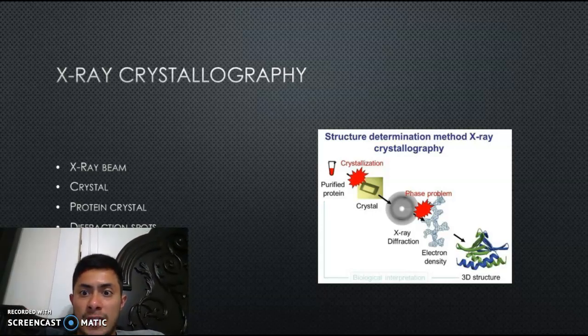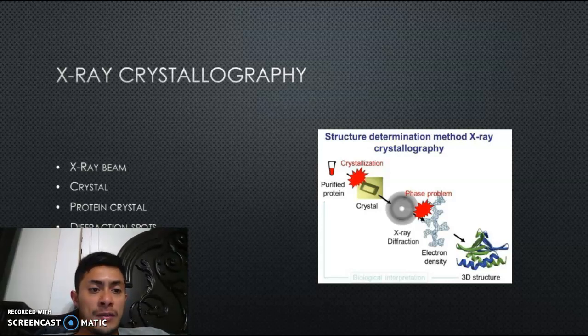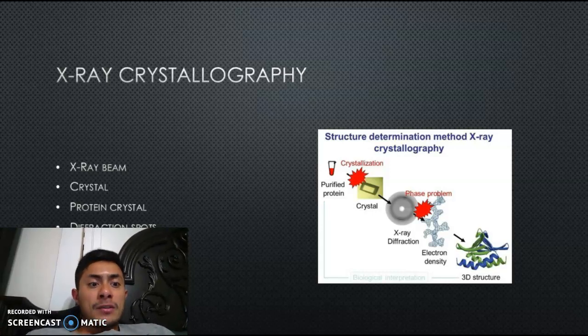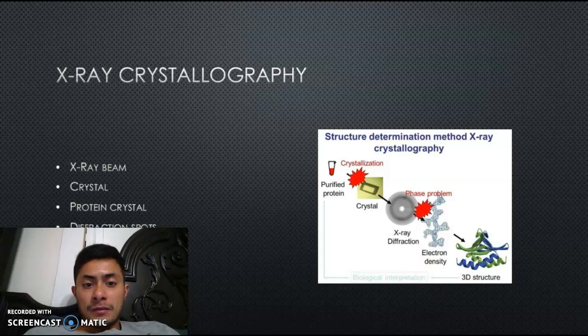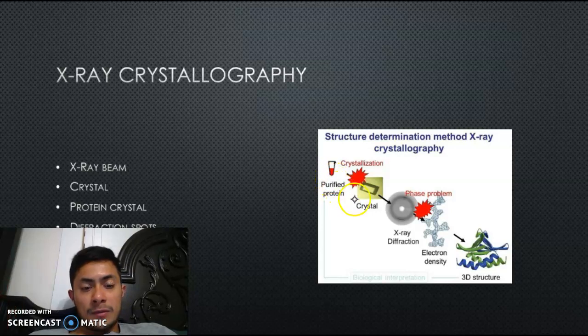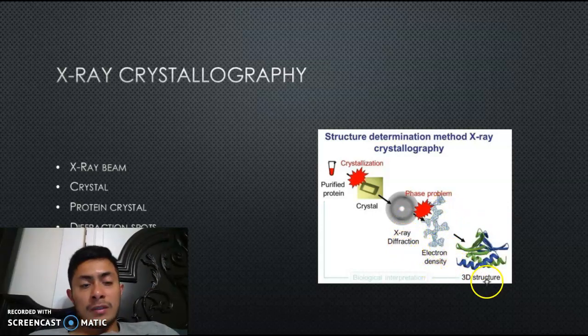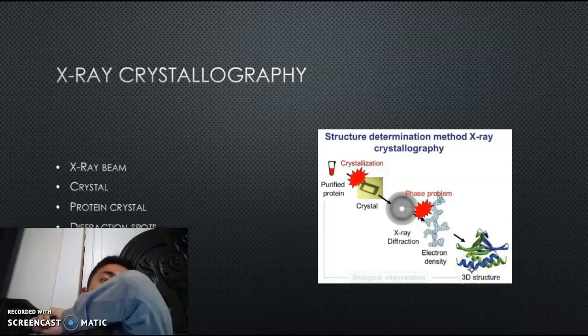The atoms in the crystal scatter some of the beam, and this is where the diffraction spots are formed, and that's where you start getting an image from all these diffraction spots. From this image, you can start building your atomic model, which could be a 3D structure. As you can see, that's the last step here. So you go from your X-ray beam, shoot it at your protein crystal, you get your diffraction spots, you get your image, and then you can build on that to get your 3D structure.